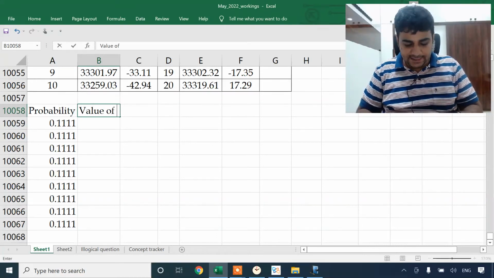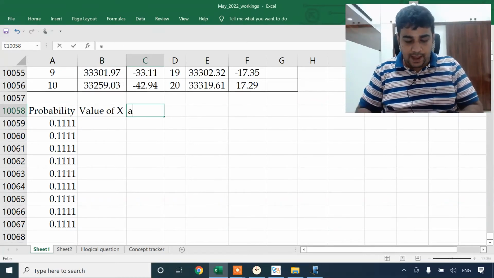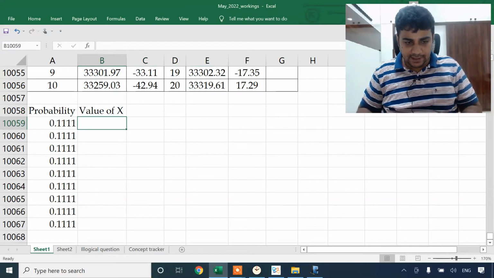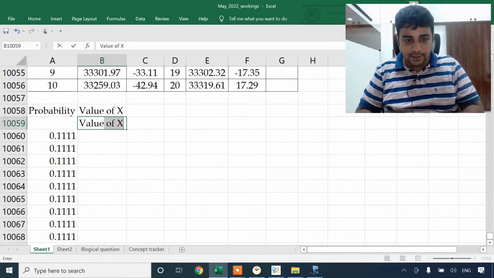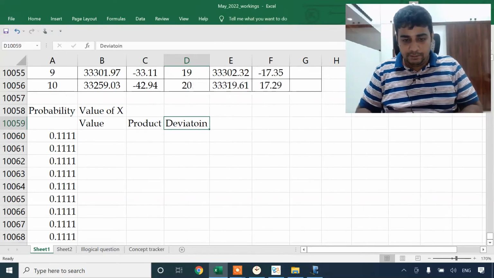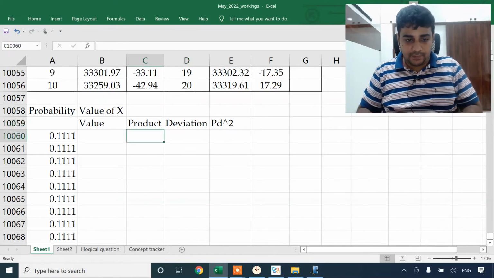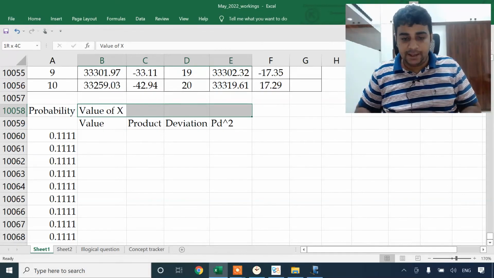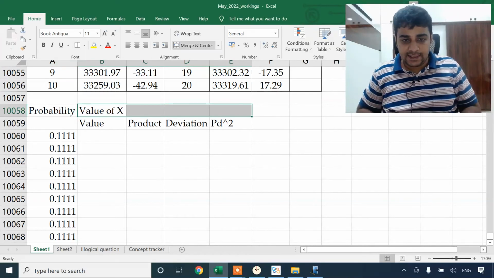Value of x, value... okay, let's keep it like this. Value, product deviation, PD square. I call the first 10-day period change as x, the next 10-day period as y.